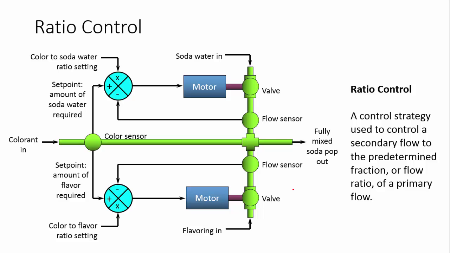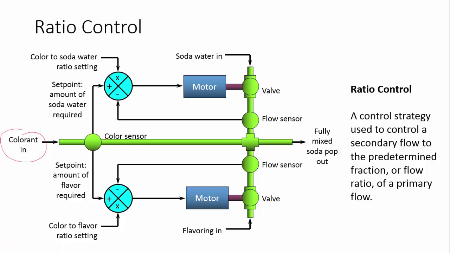I like to use this particular example, where ratio control is creating soda pop. We have a colorant coming in. So here's our colorant, and we have this coming through a pipe at a fixed flow rate.